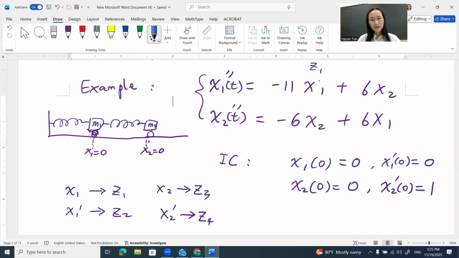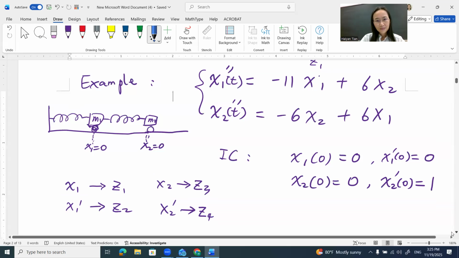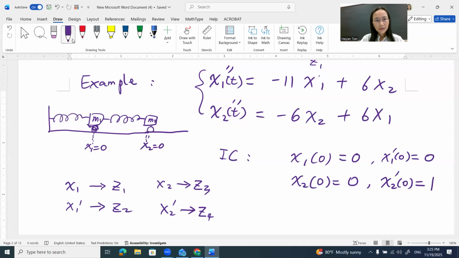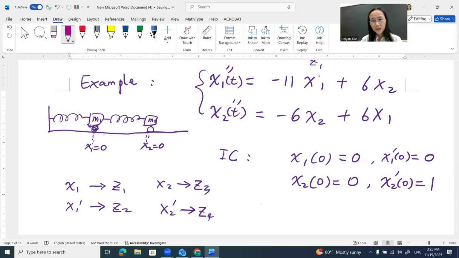So let's write the first equation. Immediately we can see Z1 derivative is equal to Z2. That's the relationship. Z1 derivative is Z2.